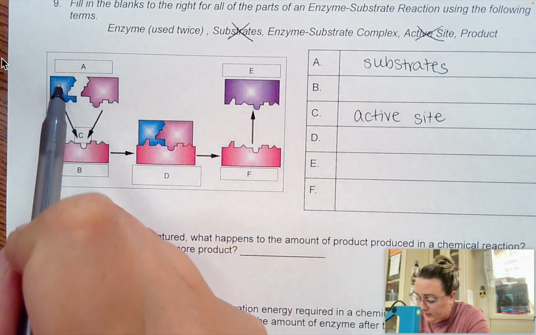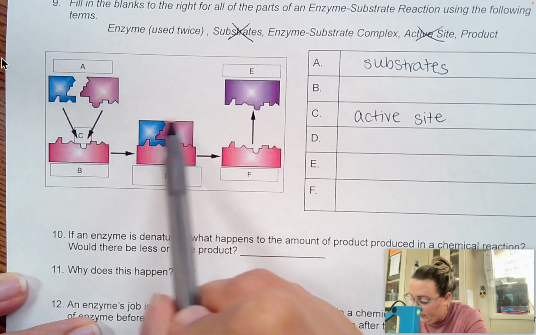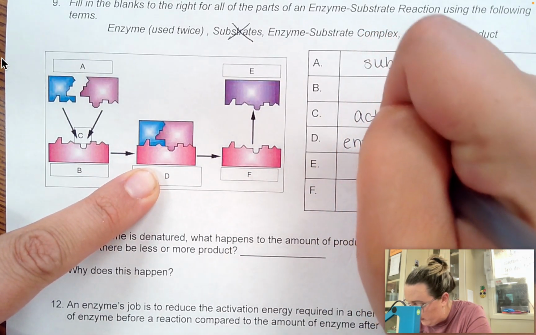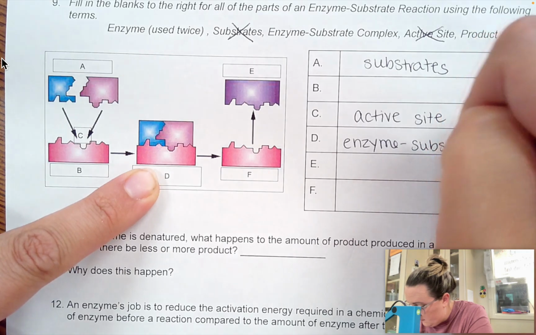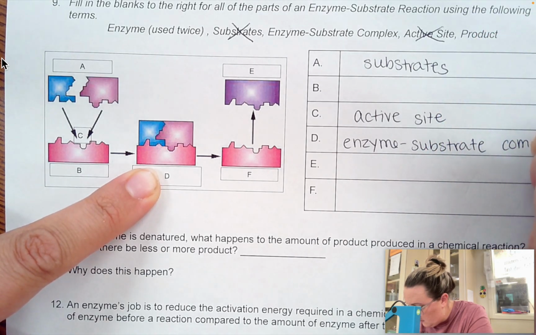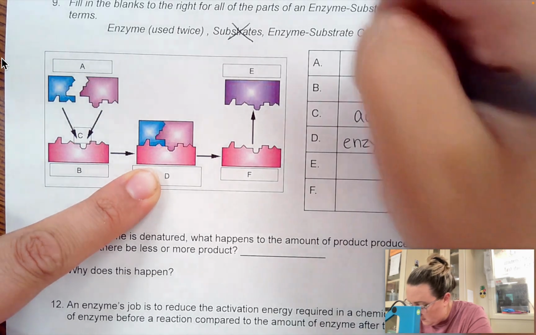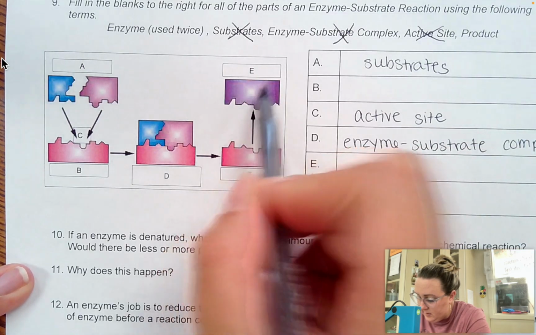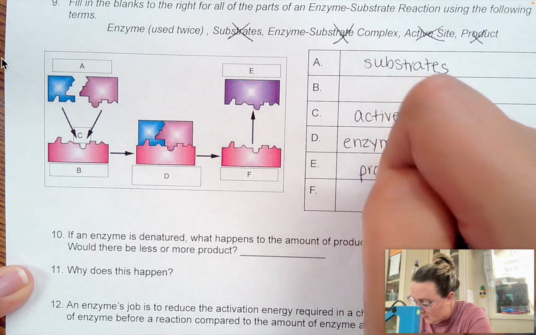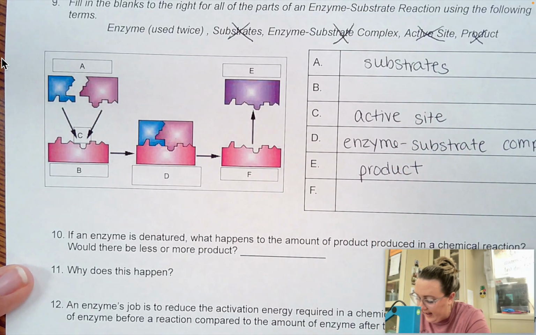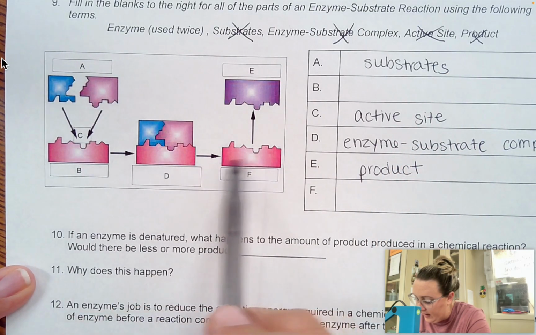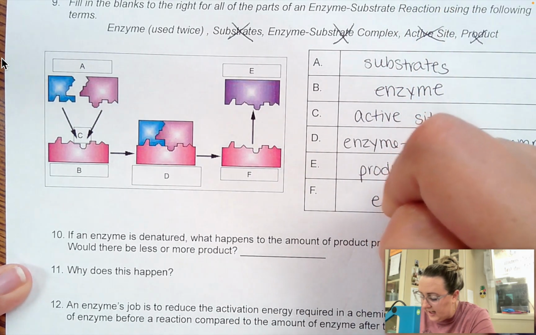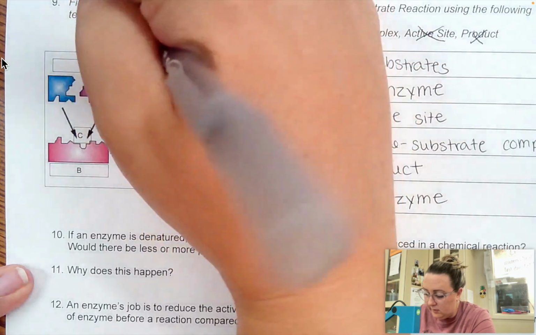And then, so substrates. The enzyme substrate complex is right here. That's when it's all joined together. We have a product that is formed, E. And then what's left? B, this pink thing, and F. That is the enzyme. And notice how it's not changed after the reaction occurs.